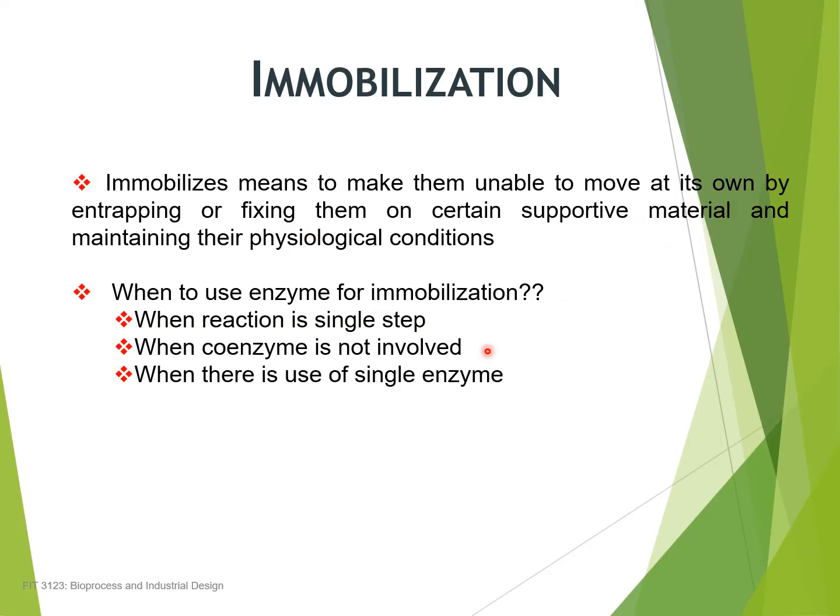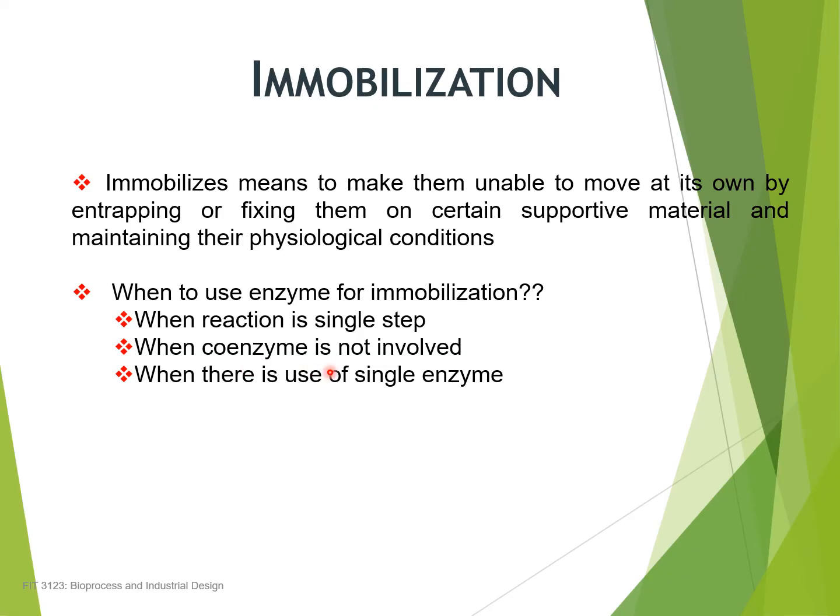But when can you use immobilization methods? Basically, the enzyme can be immobilized when the reaction is only a single step. It means the enzyme only converts one substrate into one simple product.